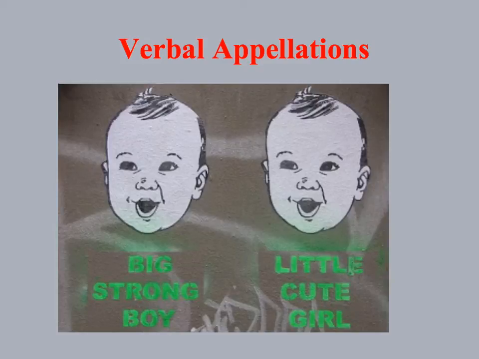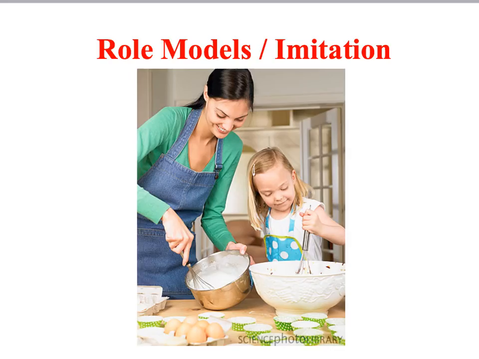Think, for example, of the different pet names that are applied to children according to their gender. Another way in which gender socialisation might occur within the family is the way in which children imitate or copy their parents and try and act as they do. So adults become important role models for children who copy their behaviour.